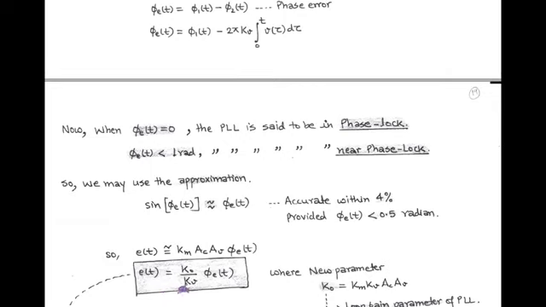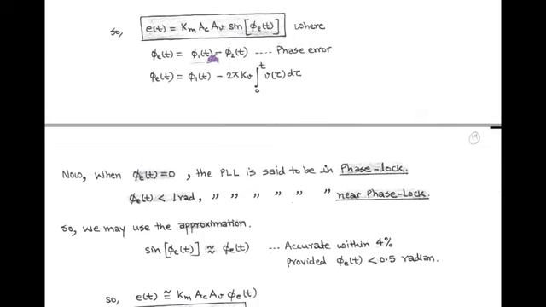Now again, we consider an error signal, that is e(t) equals K0 upon kv into phi_e. Here phi_e is equal to phi_1 minus phi_2, where phi_1 is the angle of the incoming FM wave and phi_2 is the angle of the locally generated FM wave in the voltage controlled oscillator.